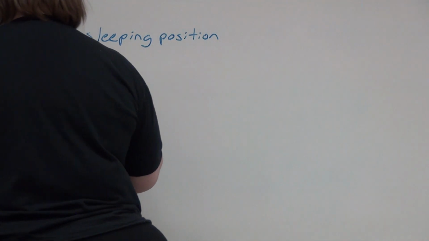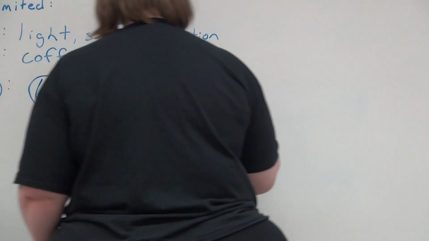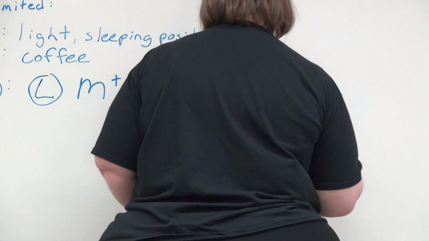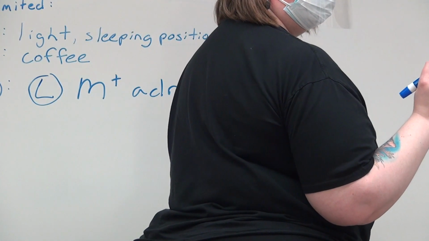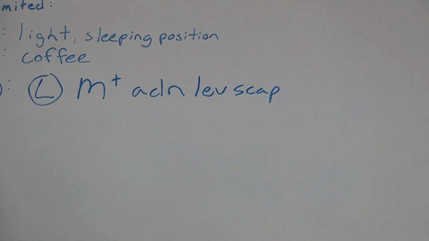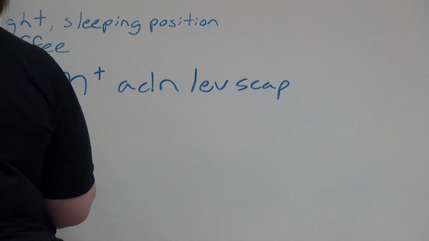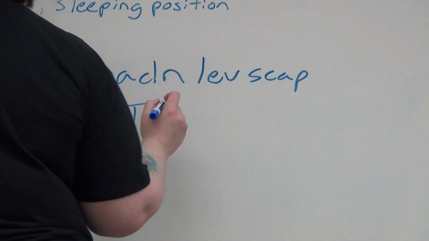So left side, moderate plus adhesion, levator scapula. Then you move to scalenes. Okay, what did I find at the scalenes? It was left side, moderate hypertonicity, scalenes. Okay.